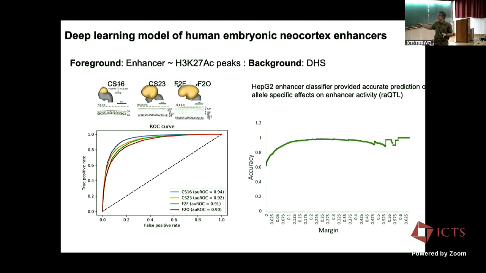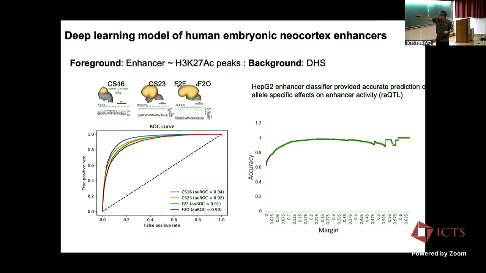And yet, when we have that information in an RAQTL type of experiment, where people have changed one nucleotide and measured the activity of the enhancers, the gene reporter assays, right? Anytime our model says that allele B is more active, how often is it correct based on the experiment? So that's what this is trying to show.